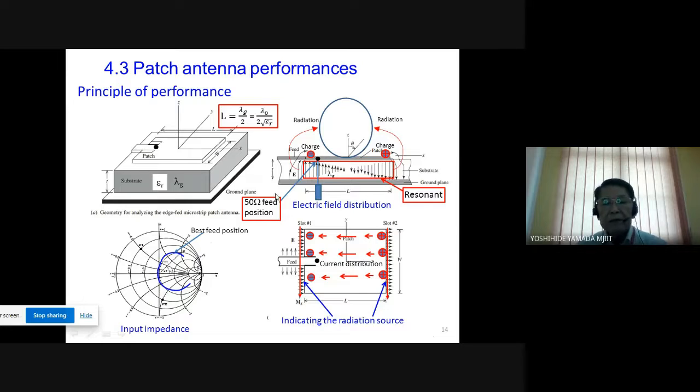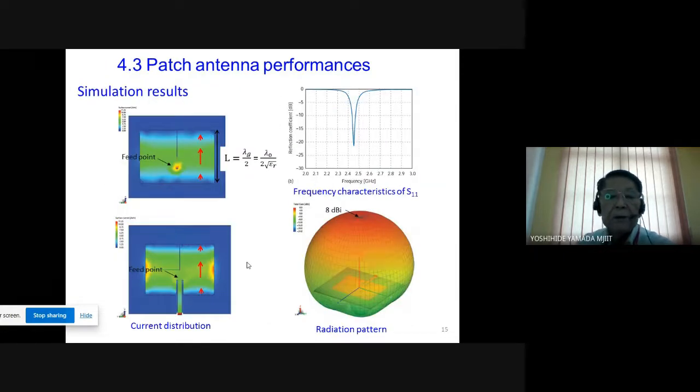By selecting the best position, we can achieve matching to the coaxial cable impedance. This is the fundamental principle. We can understand this principle of the patch antenna, then we can design correctly.